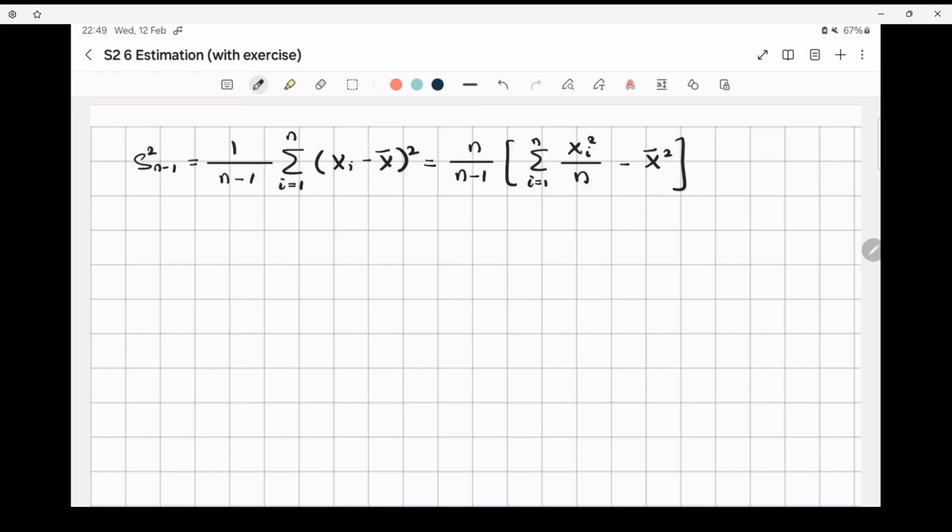So this is basically the equation for variance if you separate out the component inside the square bracket. So what you can do is to multiply the n inside to get back something like this. So these two equations are similar, and it will be very useful for you to use the second equation sometimes when you do the exercise.